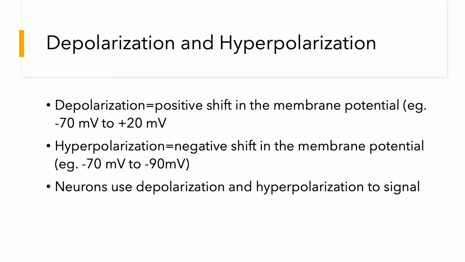Hyperpolarization is a negative shift in the membrane potential. For example, the membrane potential might go from negative 70 millivolts to negative 90 millivolts. We will discuss how this occurs in greater detail in future videos.